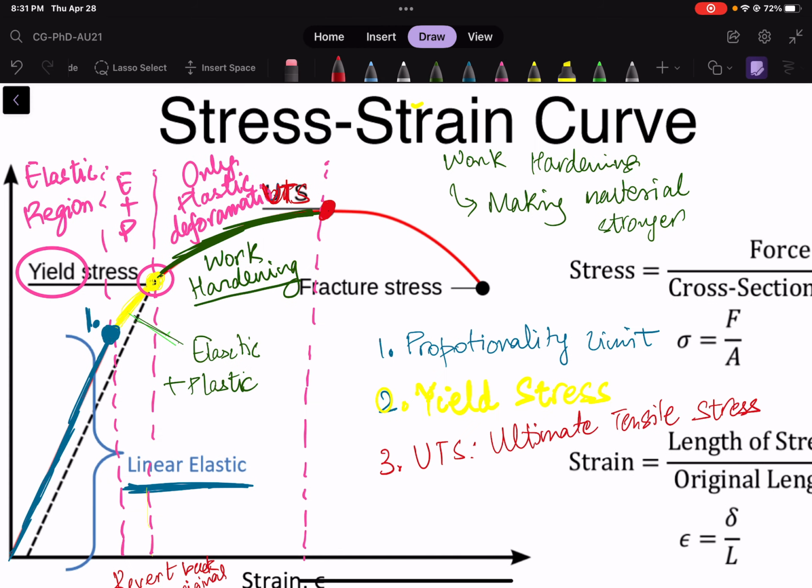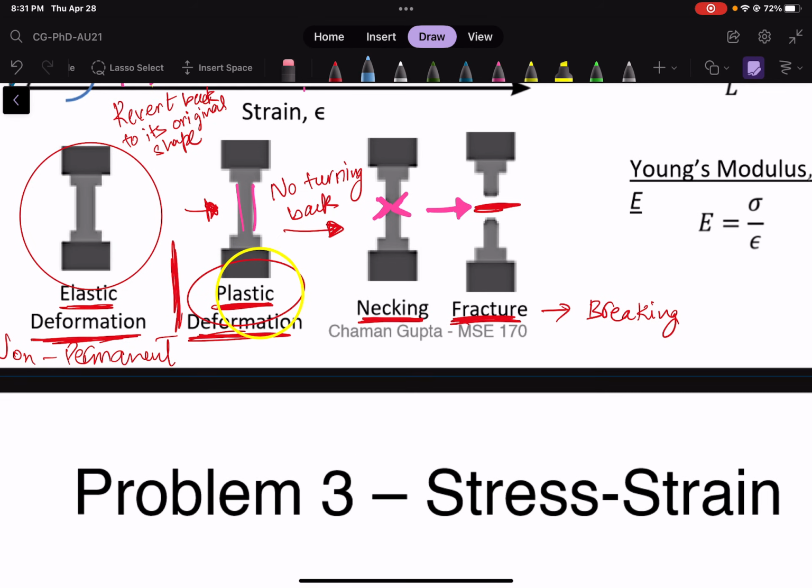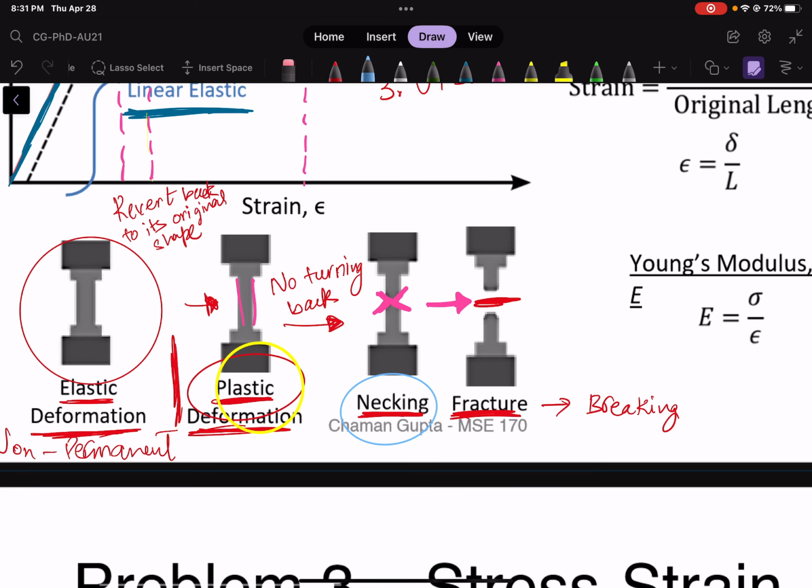And after this point, let's use the light blue color. After this point, you have necking. So if I go back to the previous diagram, let's write it here. It's getting a bit crowded.